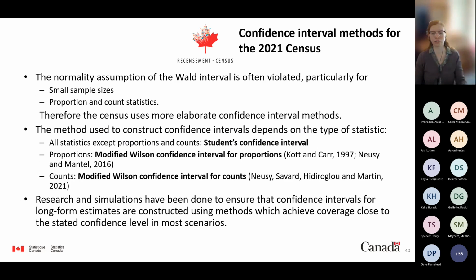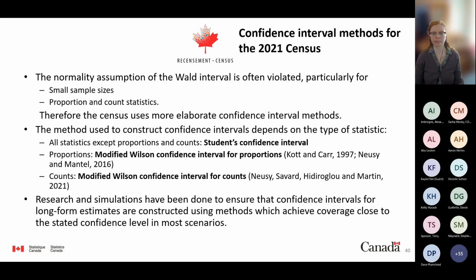So this assumption of normality that we make for the Wald interval is actually often violated in practice. And in particular, this is an issue for small sample sizes and for proportion and count statistics. So for the census, we actually use more elaborate confidence interval methods, but we also included the Wald interval in this presentation because it's helpful to be able to relate these other methods to the Wald interval.